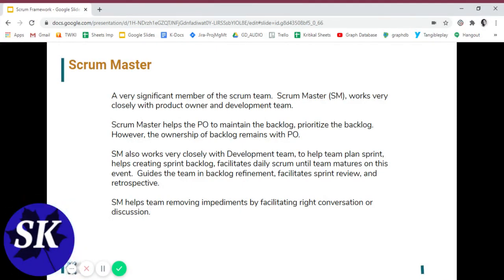Because once you're attached to a project, there are some issues that somebody detached from your project may see that one may not be able to see.